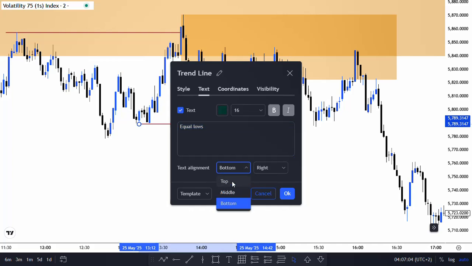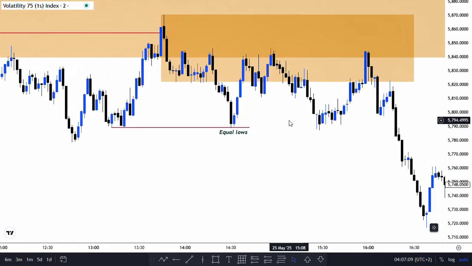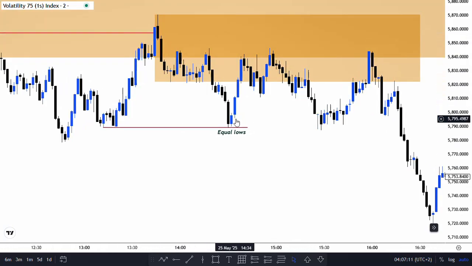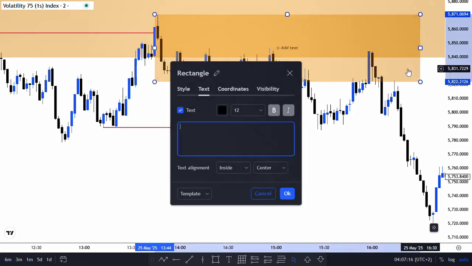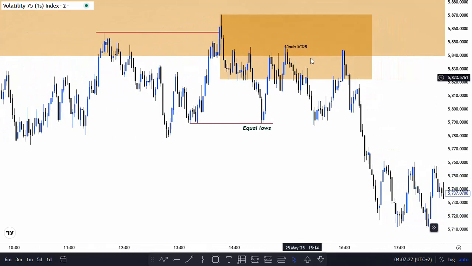All right, so price dropped to the downside and then it had to go back. This is a 15-minute single candle order block. So you have two POIs here on the higher time frame. You have that 1 hour single candle order block and the 15-minute single candle order block.